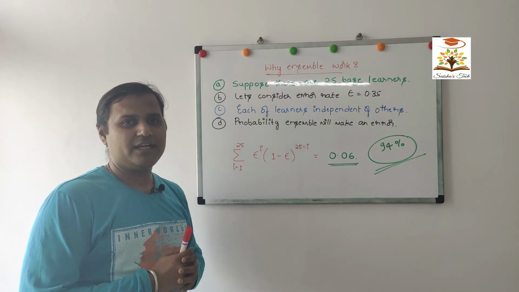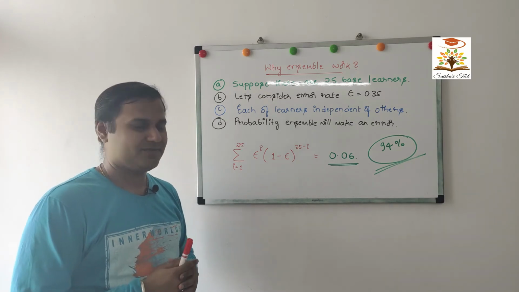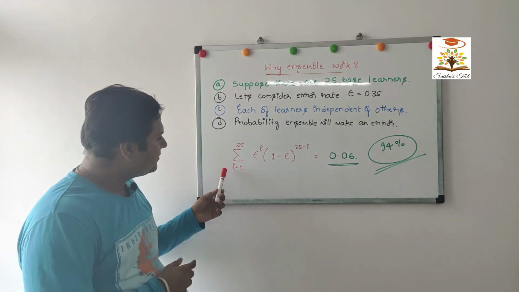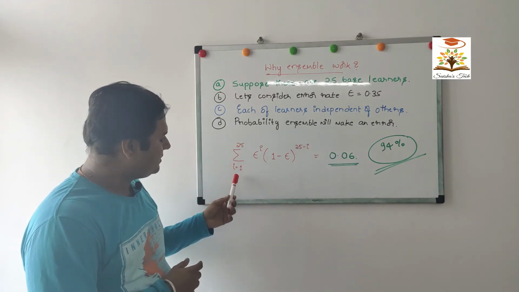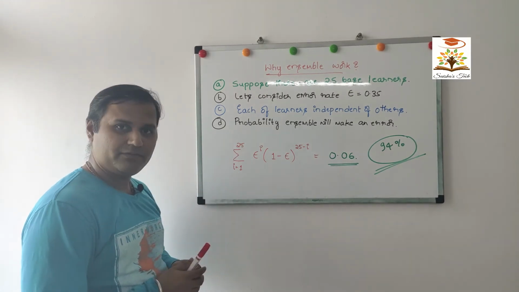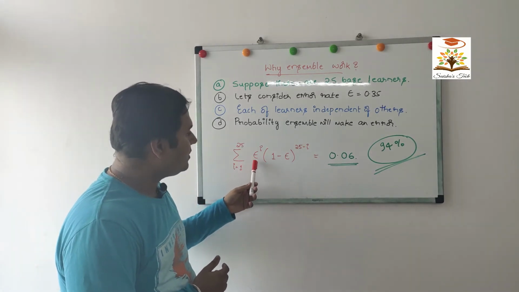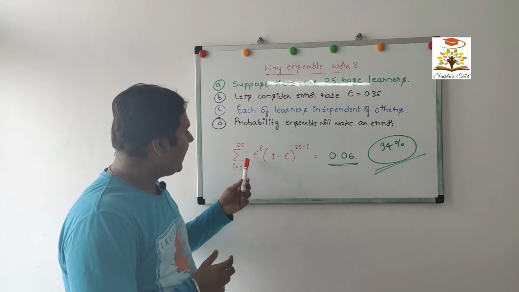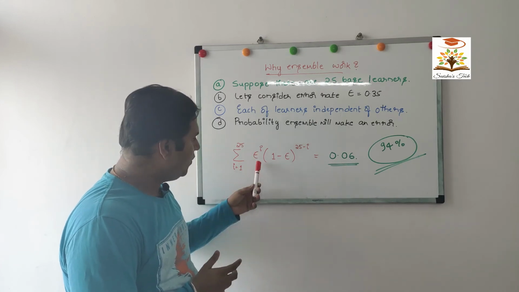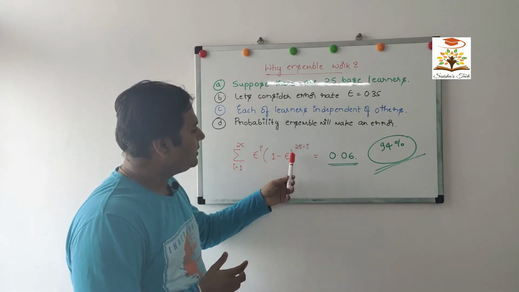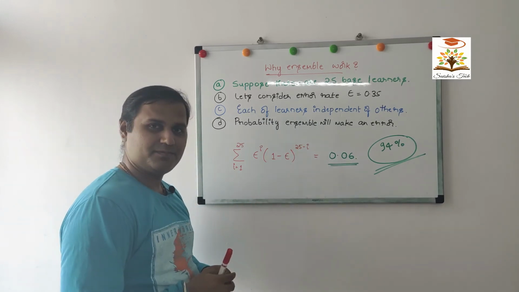That can be calculated using a formula, which is given by summation of all the learners, that is i from 1 to 25, of epsilon, the error, raised to i into 1 minus error raised to 25 minus i.